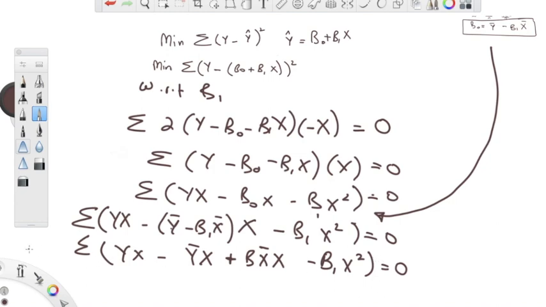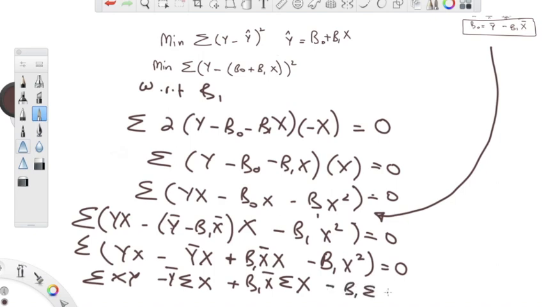Now you can multiply the summation inside, and you end up with summation xy minus summation x, and you can take the y bar out because it's constant. Similarly beta 1 x bar can be taken out of the summation sign, x minus beta 1 summation x squared, and this is equal to 0.